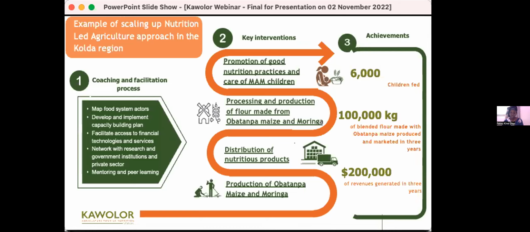It's one of the 46 community-based organizations Papa was talking about. So we had 46 big organizations Kawolor worked with that are really agro enterprises working on production. And Yankankunda is specialized in Obatampa maize.